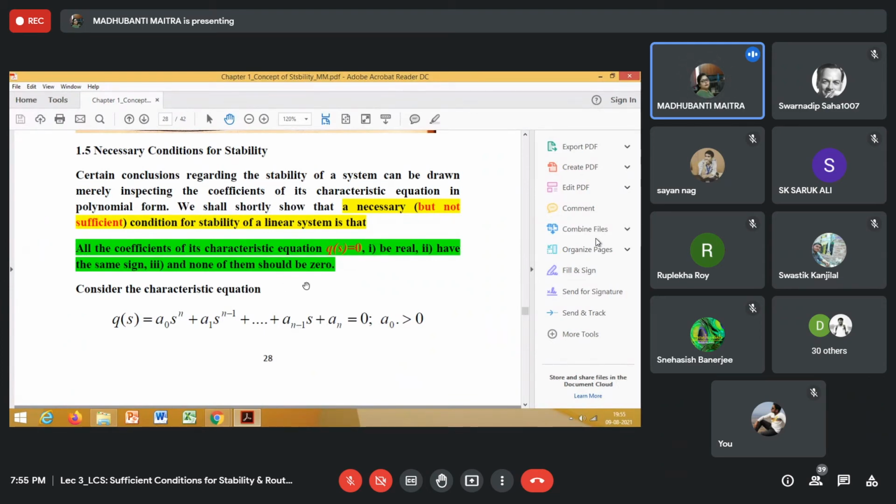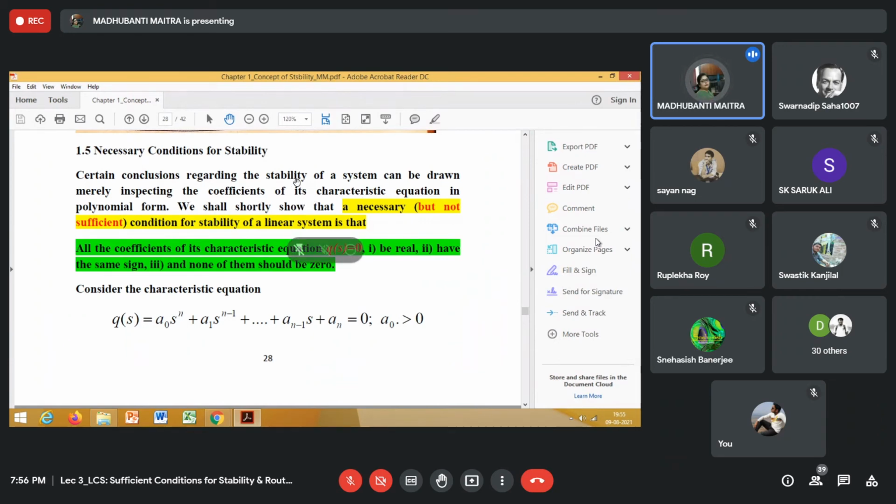Again, please go through this. Certain conclusions regarding the stability of the system can be drawn merely by inspecting the coefficients of its characteristic equation. So simply, if you look at the characteristic equation, some basic conclusion can be drawn in connection with the stability of the system.